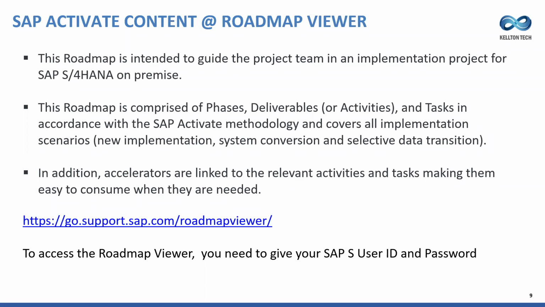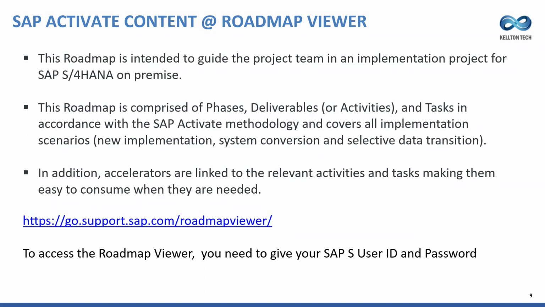And there is a checkbox wherein you can select what is important for what kind of scenario. Then there are accelerators that are built and linked to these tasks, making it easy for the project team, not only on the system integrator side, but also on the customer side.